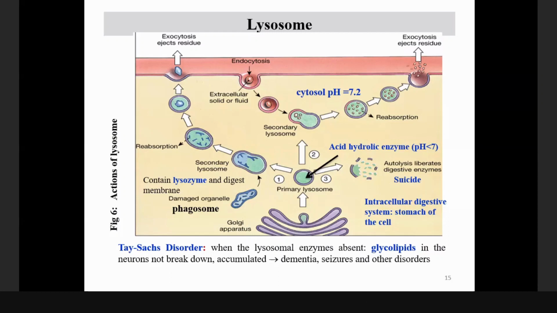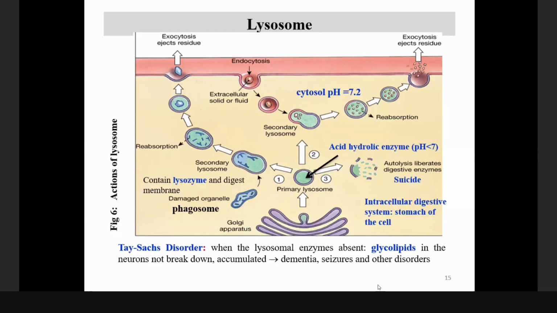If there are worn out or completely damaged organelles inside the cell, they should be digested, broken down, and removed from your cell because of the lysosomes. So lysosomes form the intracellular digestive system.